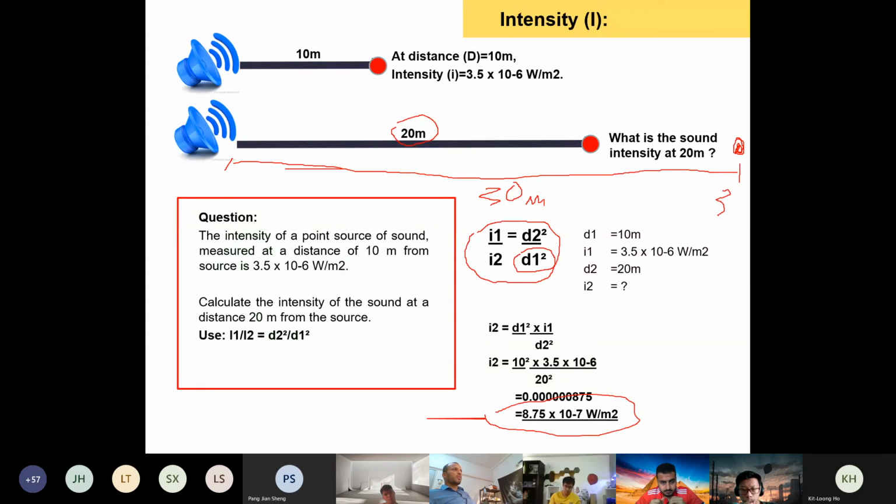And now 30 meters, so D2 is 30 meters. Intensity 1 is the one that we got, this one. Intensity 2 is the one that we are looking for. Or we can make it intensity 3 and intensity 2, this one. I hope this is clear, right? I think it's very straightforward.